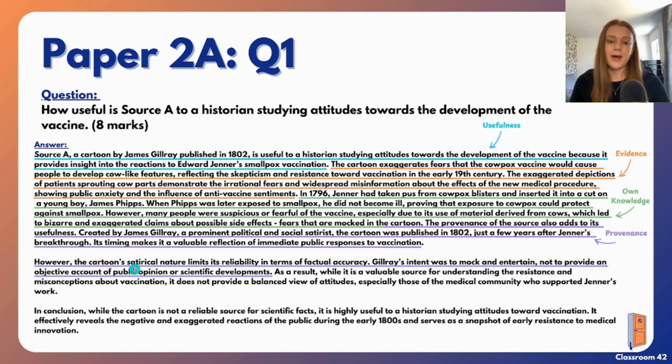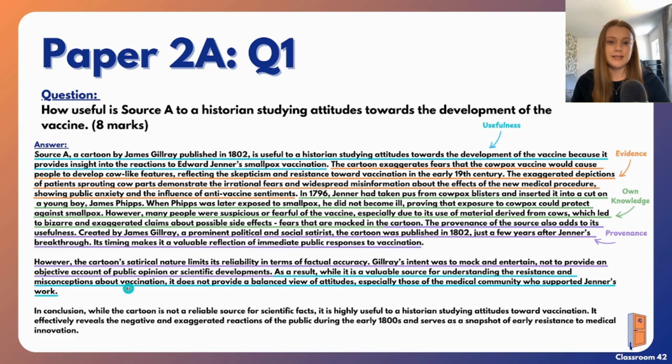Then we are talking about how perhaps the source might be limited. Here we're talking about the provenance again, so we're talking about Gillray's intent. His intent was to mock and to entertain, not to provide an objective account of public opinion or scientific developments. As a result, while it is a valuable source for understanding the resistance and misconceptions about vaccination, it does not provide a balanced view of attitudes, especially those within the medical community who supported Jenner's work.